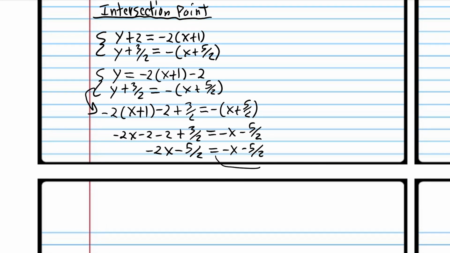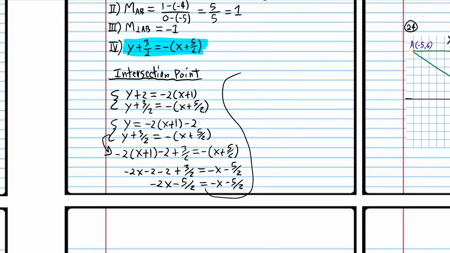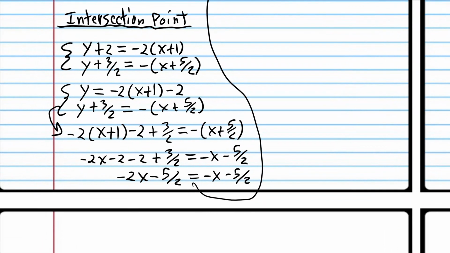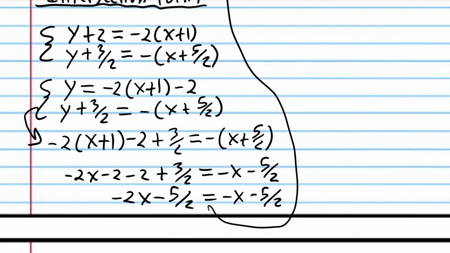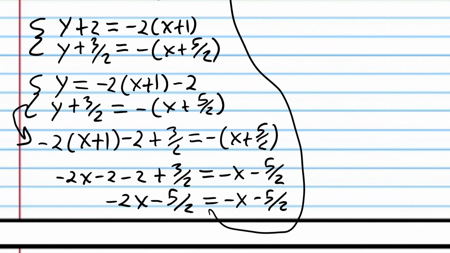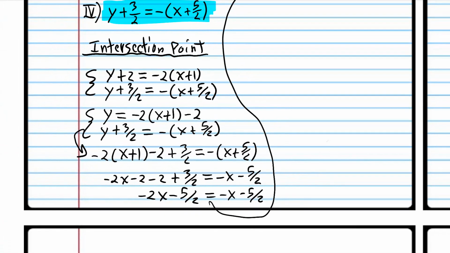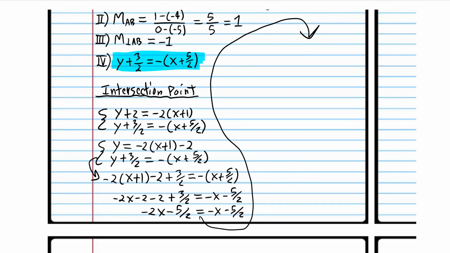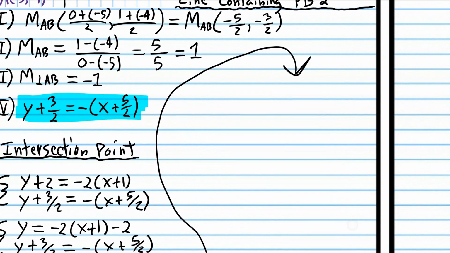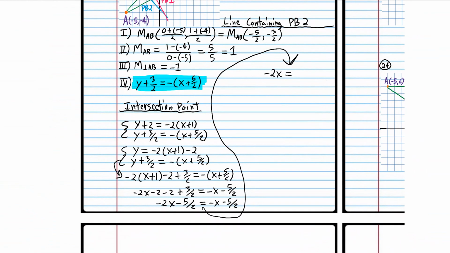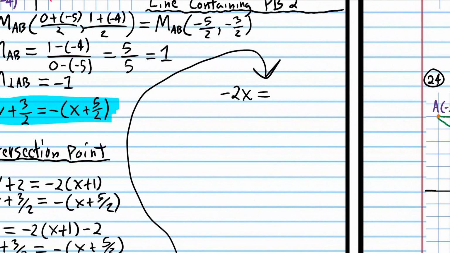All right, we have some good news there. We've got -5/2 on both sides of the equation. So it looks like we can just add 5/2 to both sides of the equation, get rid of those, and we end up with -2x is equal to -x.